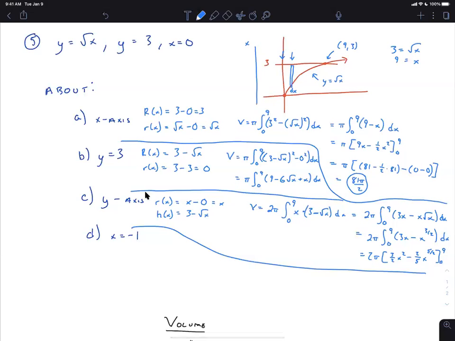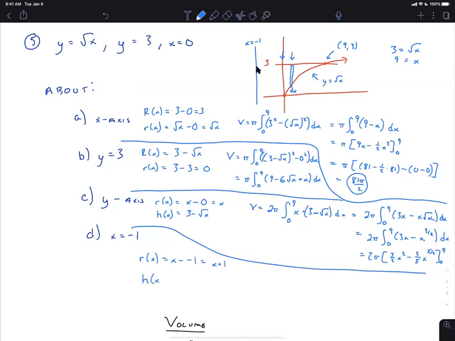X equals -1 is over here. And so then same thing, it's the shell method. So the distance from the line to the rectangle is the right x minus left x. So x minus -1, which is x plus 1.